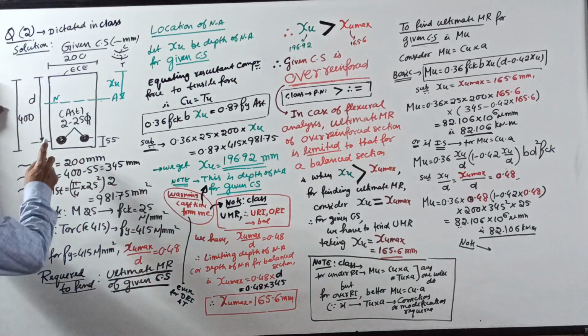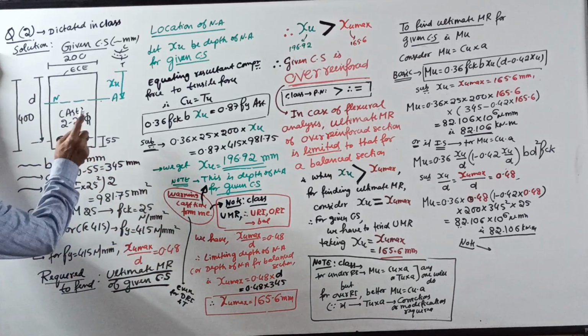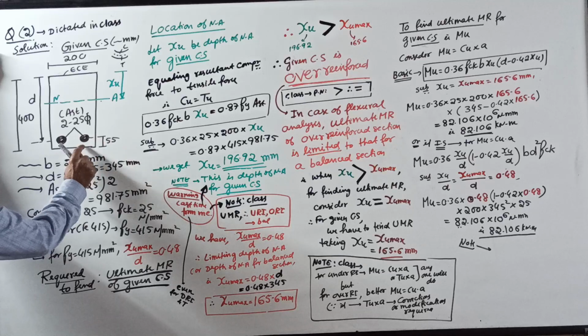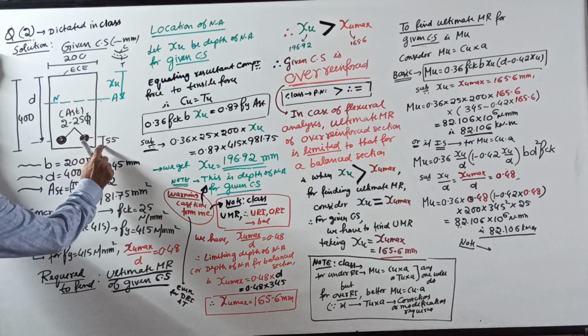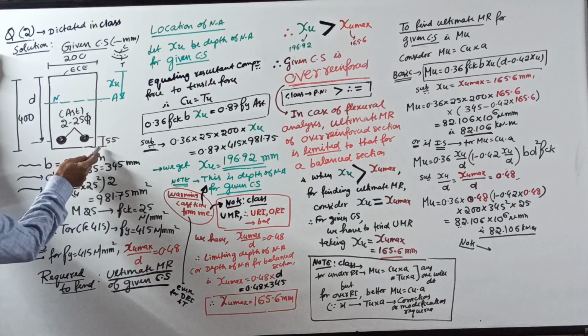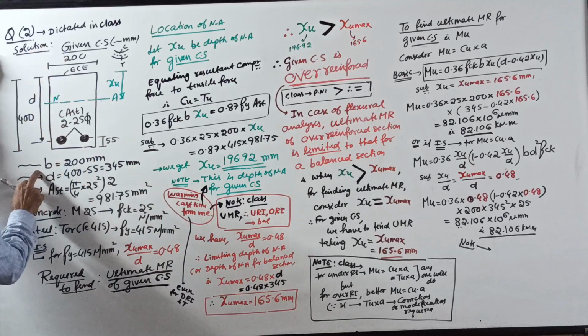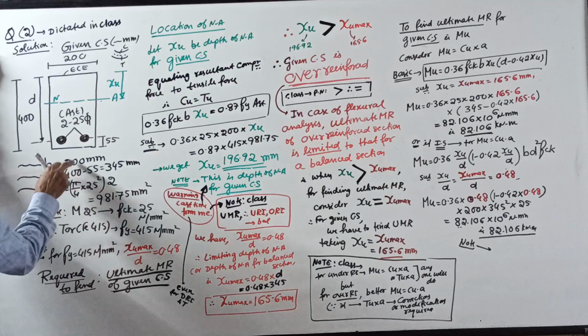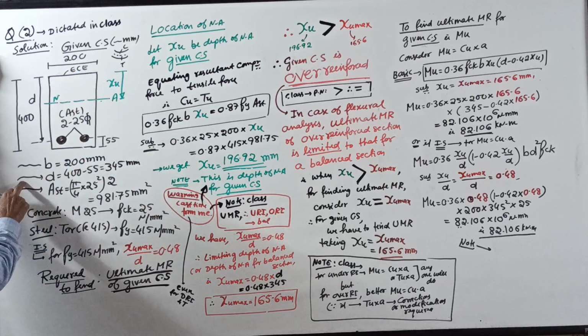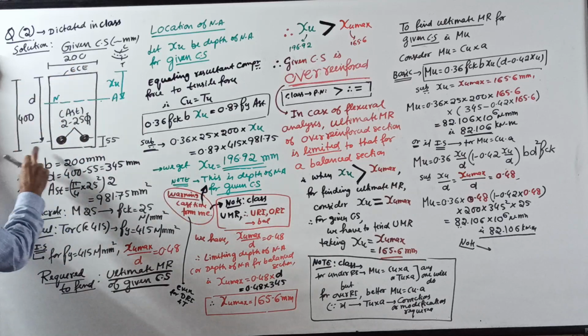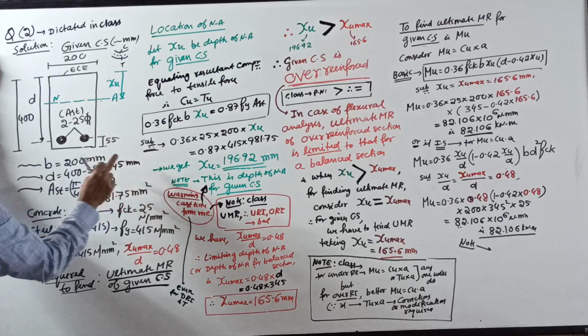I told 2 of 25 torque, effective cover. Last time I gave clear cover. This time effective cover is given, that is from here to the center of steel. Width or breadth of beam B is 200 millimeter. Effective depth D is 400 minus 55, 345 millimeter.